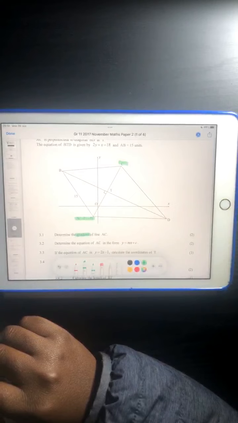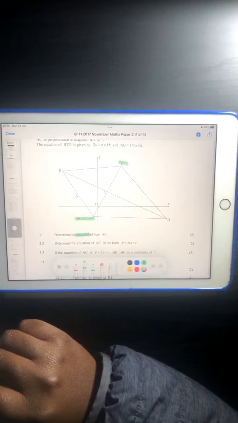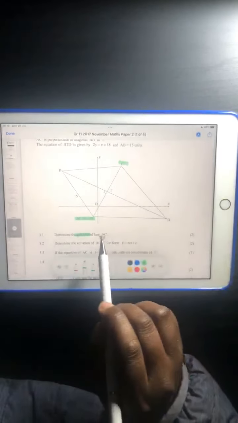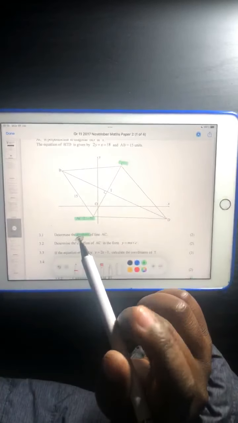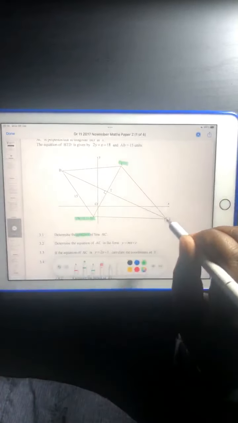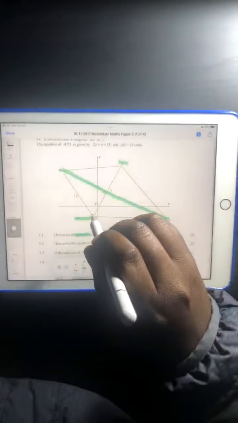the coordinates of C, which means you must try and find something again in order to use to determine that gradient of AC. But I think I did say if you have a straight line like that and you have another straight line like that, they form a 90-degree angle.